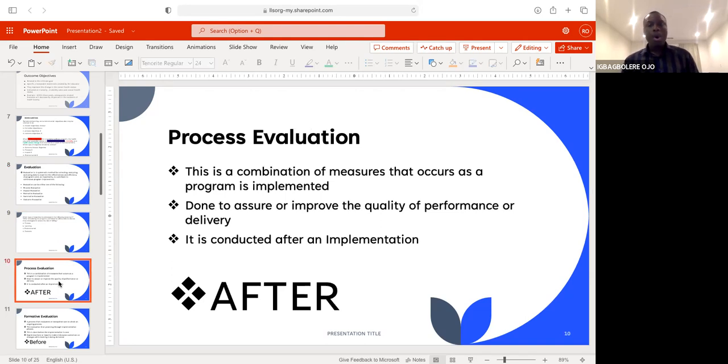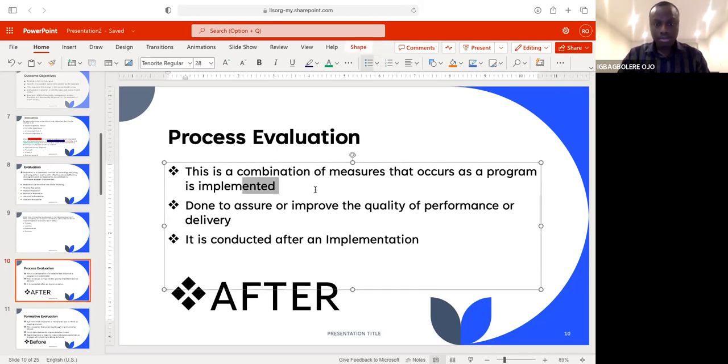Okay, what is a process evaluation? Like we explained in the process objective, a process evaluation is a combination of measures that occurs as a program is implemented. Take note. Keyword, implemented.